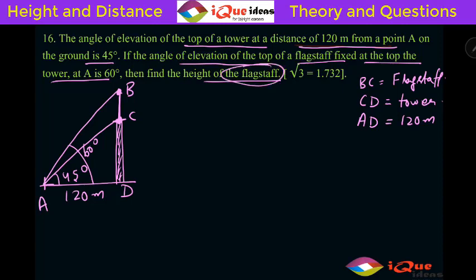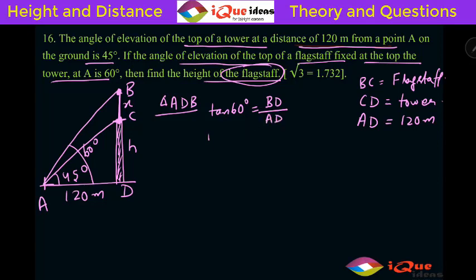Perfect. So what we have to do is, let's say triangle ADB. Look at the triangle carefully. In the triangle ADB, let's say the height of the tower is H and the height of the flagstaff is X. So in the triangle ADB, if I take the angle 60 degrees, then tan 60 degrees will be equal to the side opposite to 60 degrees, BD, and the side adjacent to 60 degrees, AD.